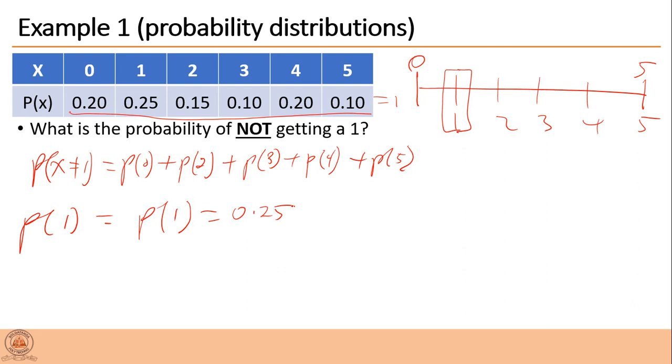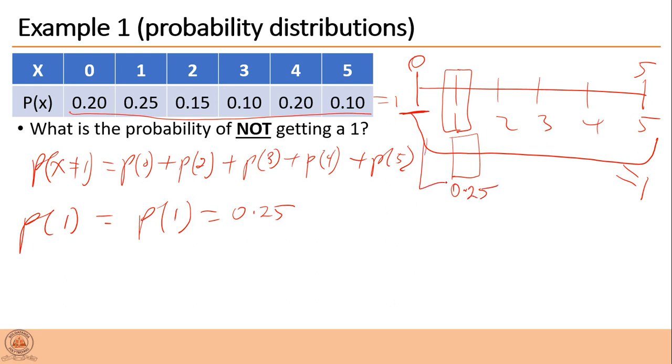Okay, that is simple. So I'm going to go back to the number line and say that this is the sum of all the probabilities. Unfortunately, I don't want all of them. I want to cut part away. And this part is called 0.25.